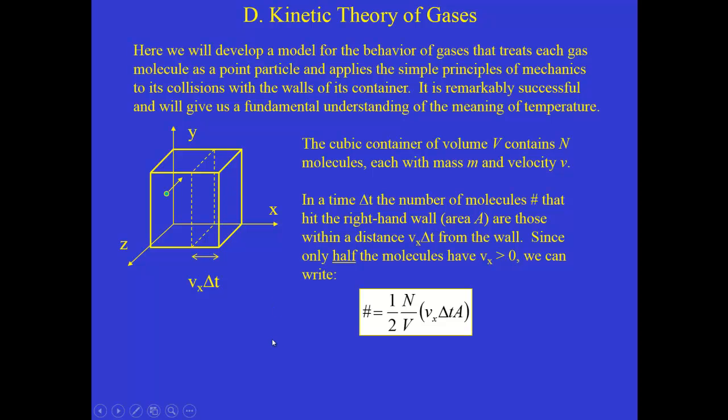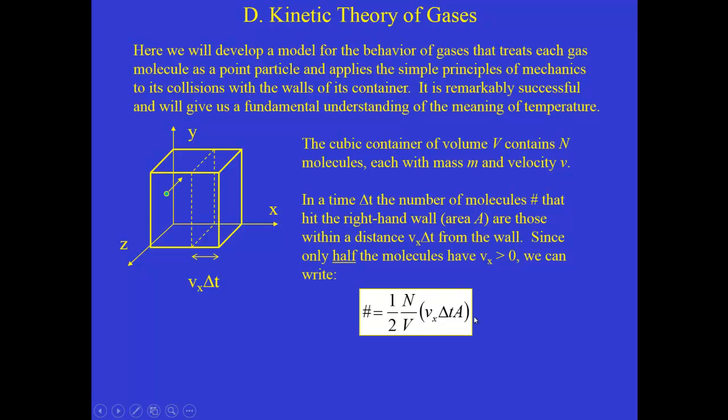So here's how it works. We have 1/2 because only half of them will be moving with positive vx, and then we take the number of molecules divided by the volume, and what we have in parentheses is the volume of the region to the right of the plane indicated with the dotted lines. So n is the total number of particles.